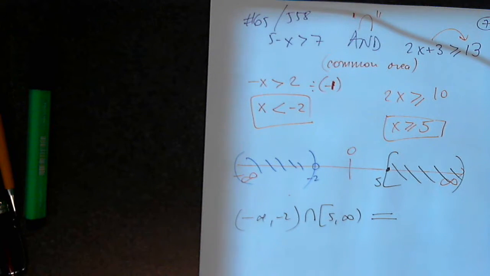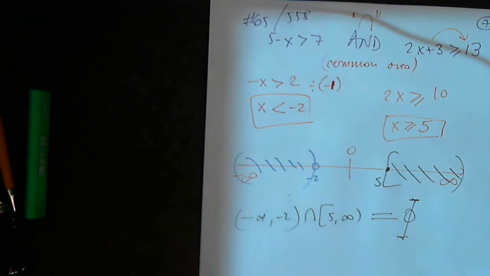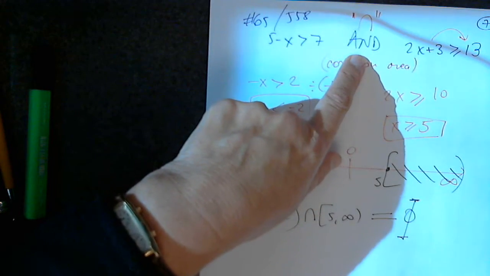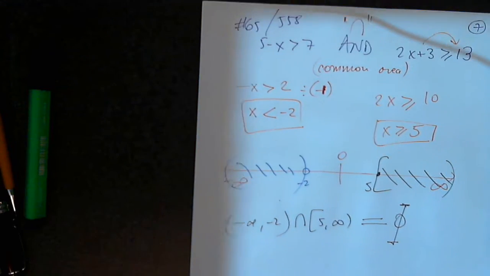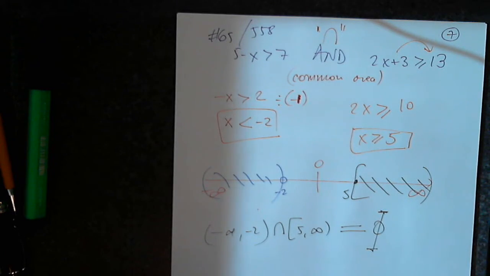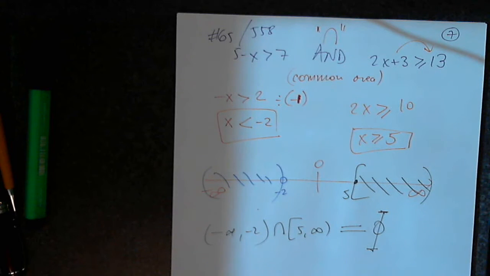And what is the final answer? Nothing. They do not overlap. And what would you have written if this were or instead of and? What would you have written as the final answer? Assuming we're changing this into or. What will you write?